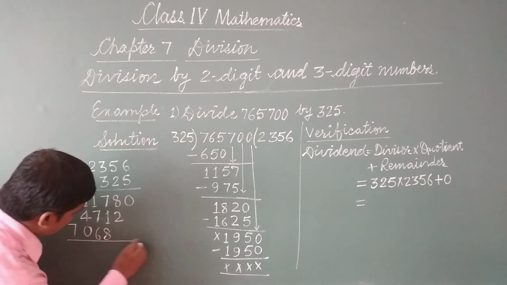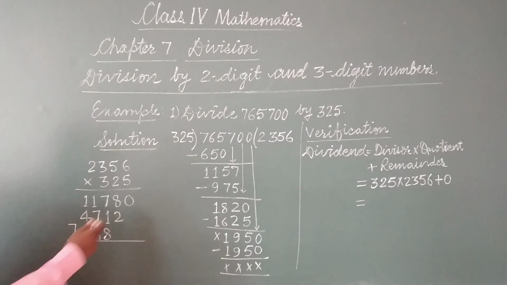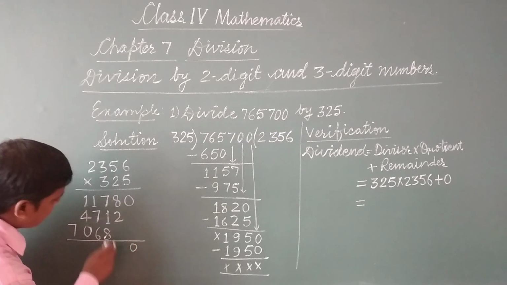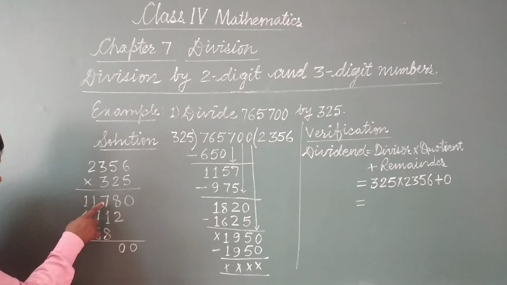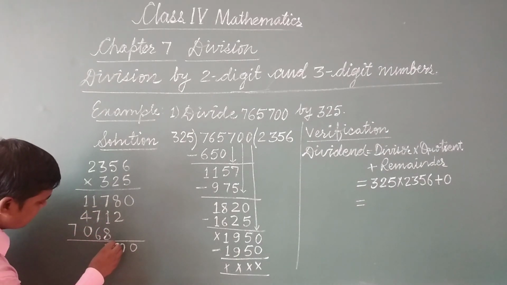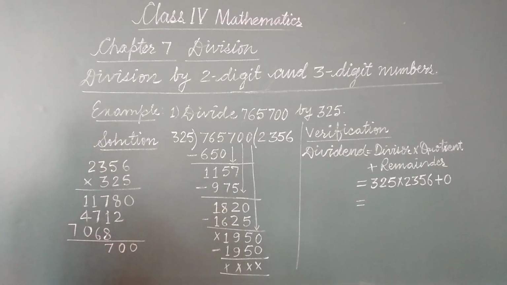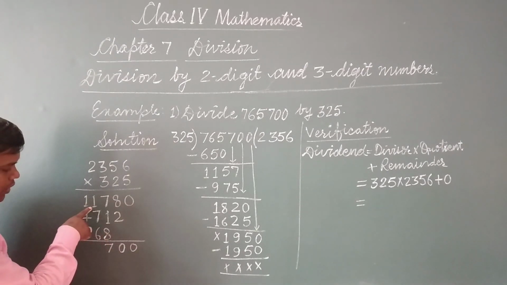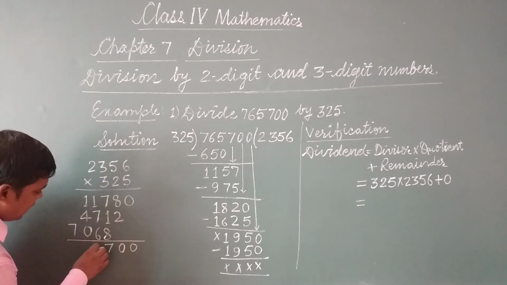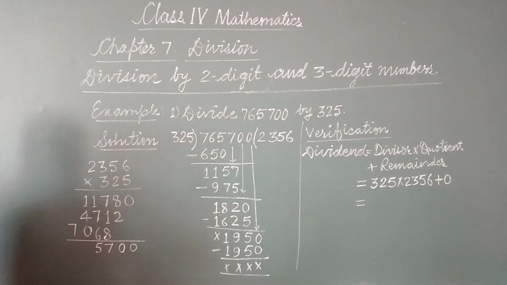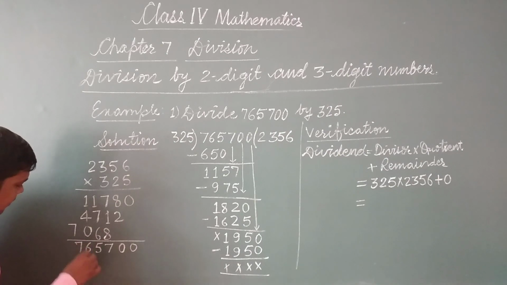Now we will add. 0 here, 8 plus 2, 10, 0 carry 1. 7 and 1, 8, and 1, 9, and 8, 17, 7 carry 1. 1 plus 1, 2, plus 7, 9, plus 6, 15, 5 carry 1. 1 plus 1, 2, plus 4, 6, and here will be 7.